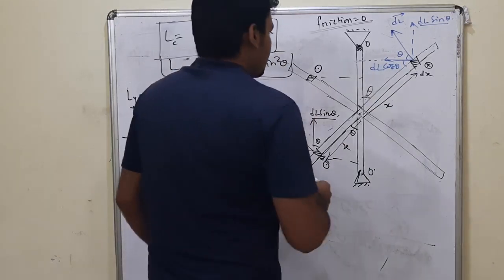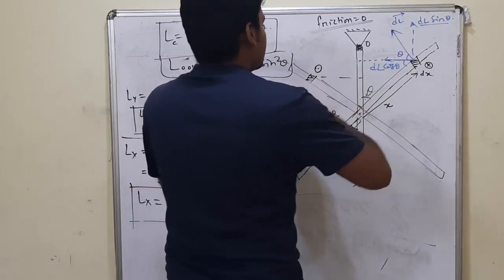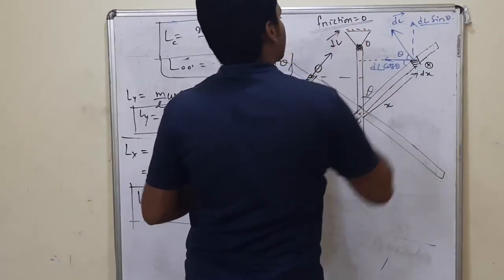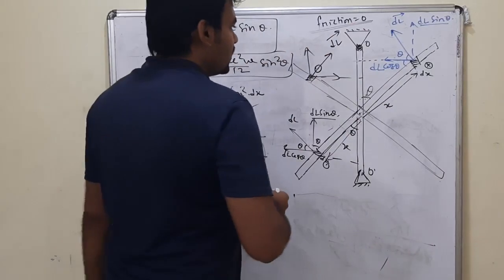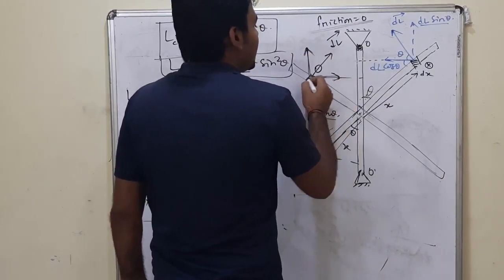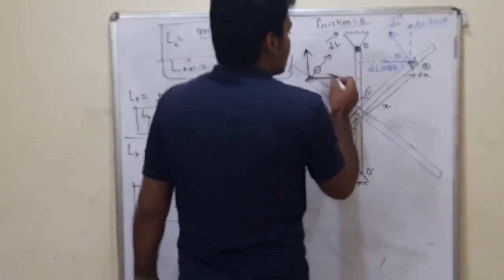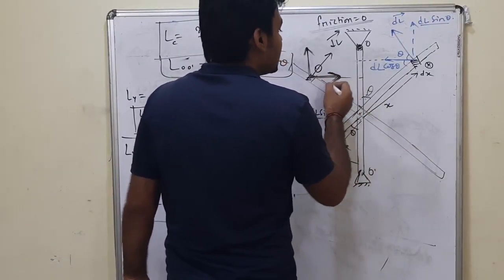Then we can see what the direction of angular momentum is this time. The direction of dL will be here. Now again you can take the components along x and y. You will find that the direction of Ly doesn't change while the direction of angular momentum along the x direction changes.